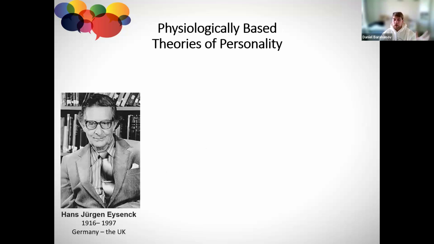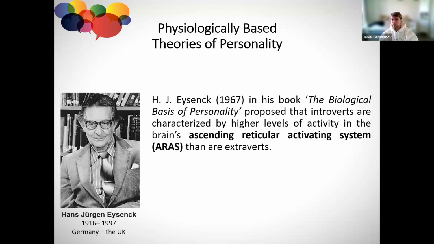Hans-Jürgen Eysenck, whom we discussed in previous videos as a psychologist who introduced the theory of personality in the dispositional domain, PEN, also tried to use these ideas introduced by Hebb a bit earlier.